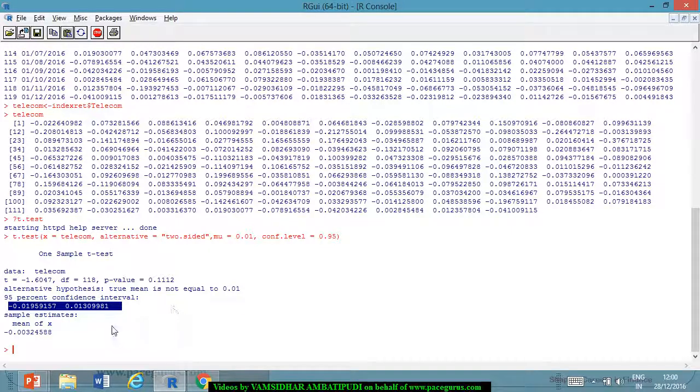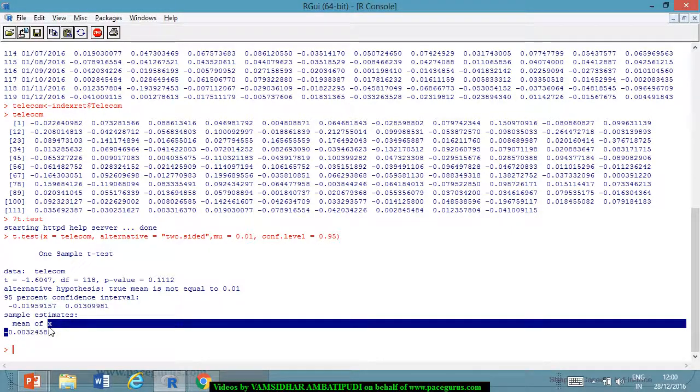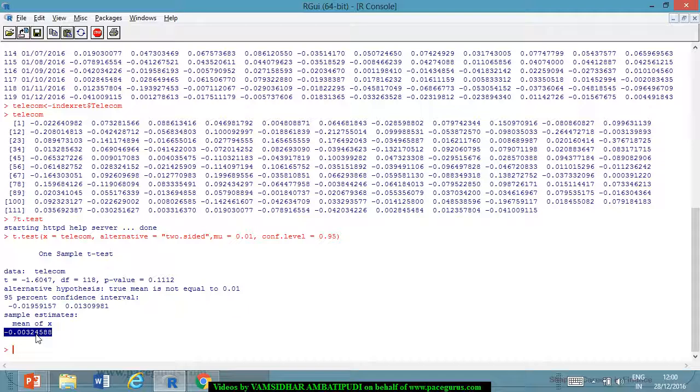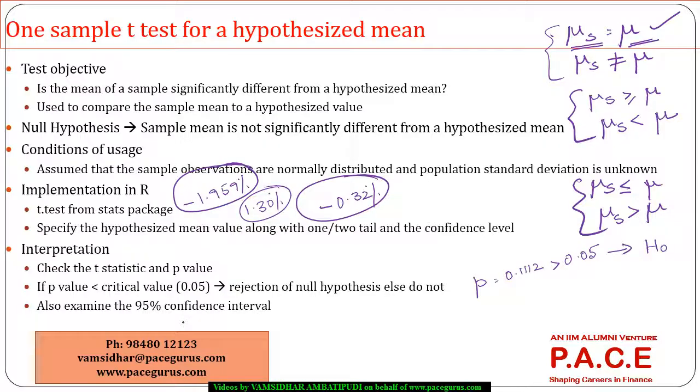So that is what we are able to interpret. The overall average is minus 0.32%, but the interval is saying anywhere between minus 1.96% to 1.30%. Now, this assumes that the distribution is normally distributed and the population standard deviation is unknown.